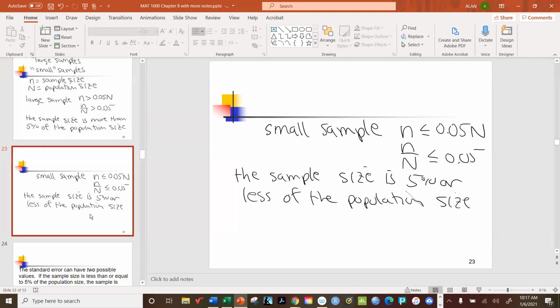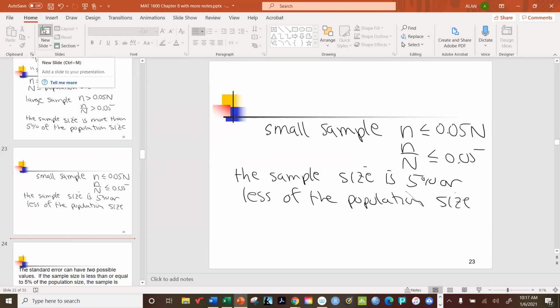All right, so just a couple of quick examples. I'll just quickly make up some new numbers.